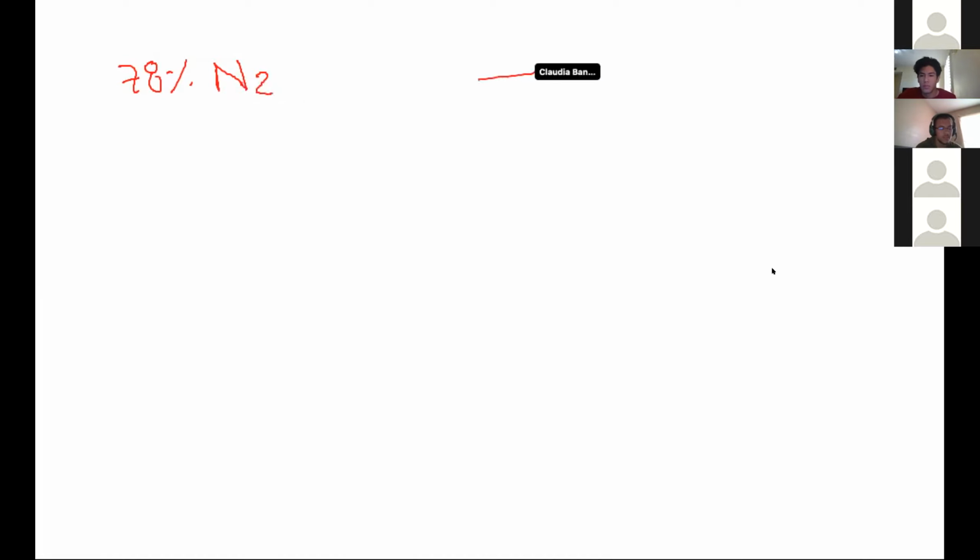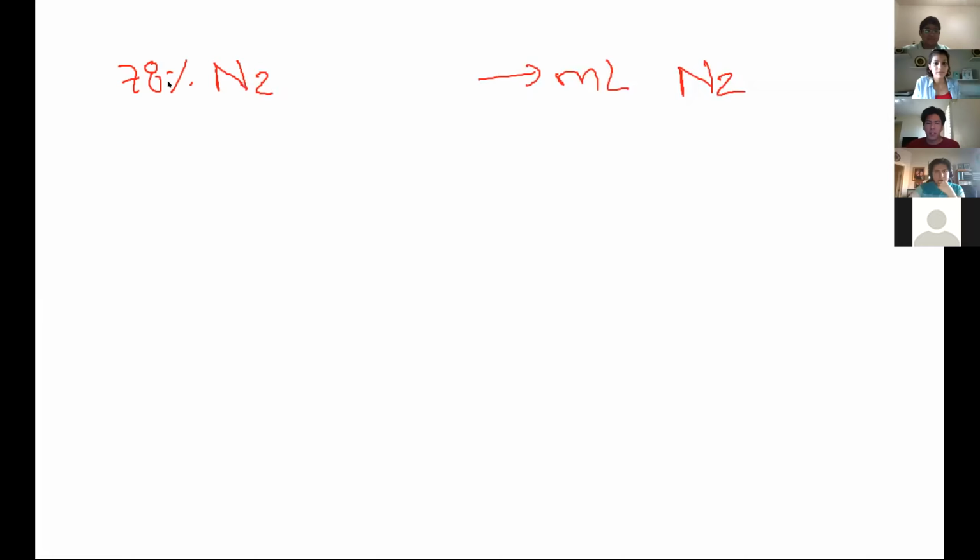So we want to find milliliters of nitrogen gas. 50 milliliters of air. Jonathan, do you know this one? Because it looks like you do. He went over it in lecture, I think. I think it's the atmosphere.